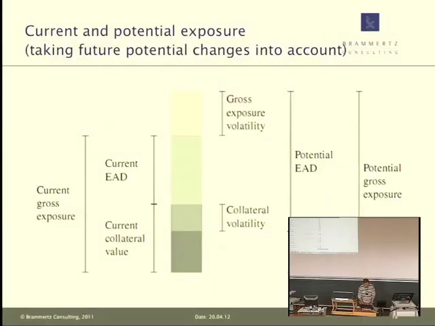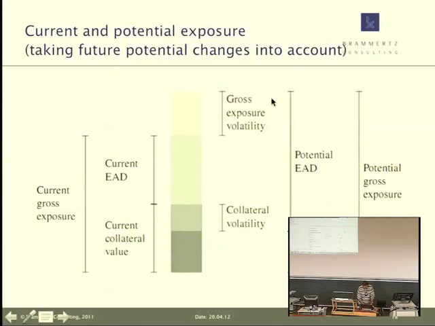So the exposure can change in value, but not only the exposure, also the collateral. So both, and in the worst case, they change in the wrong direction. So then it goes in this direction. So assume the collateral is going to drop, the gross exposure is going to increase.